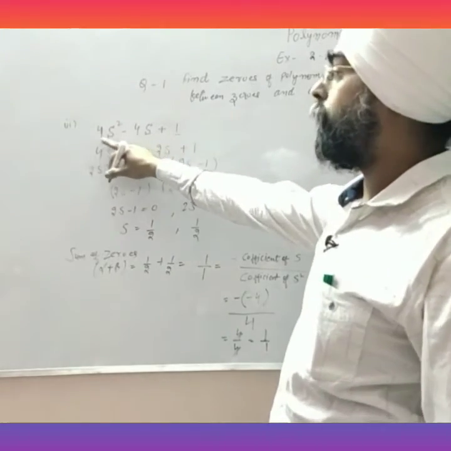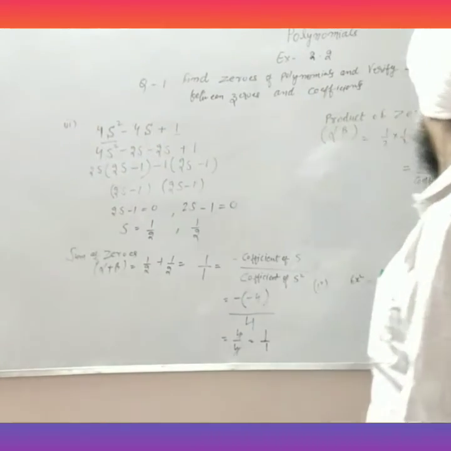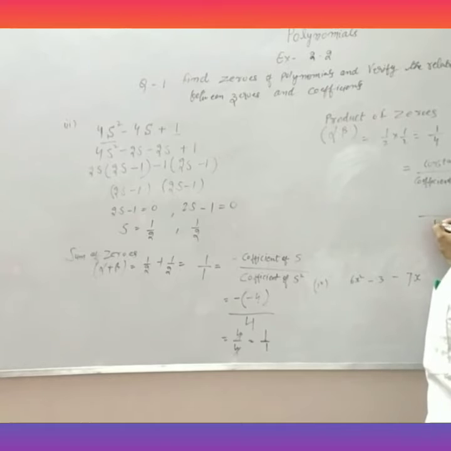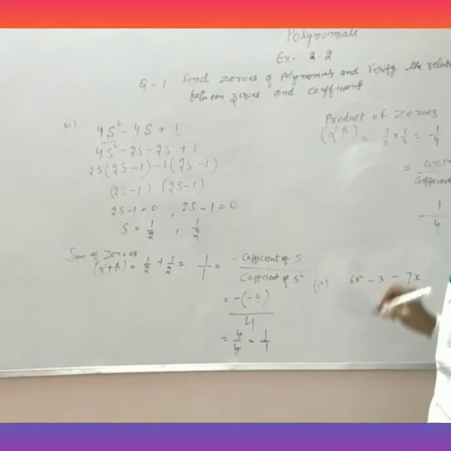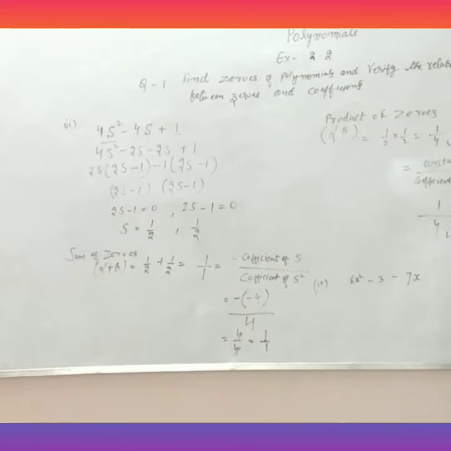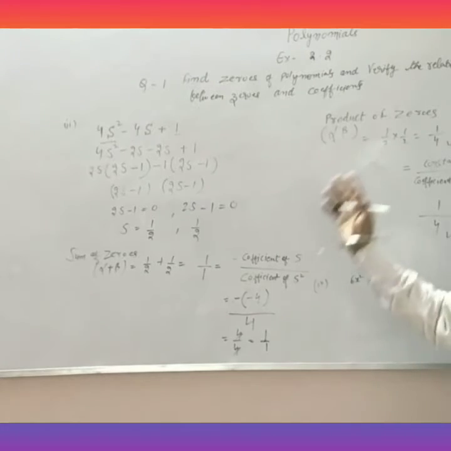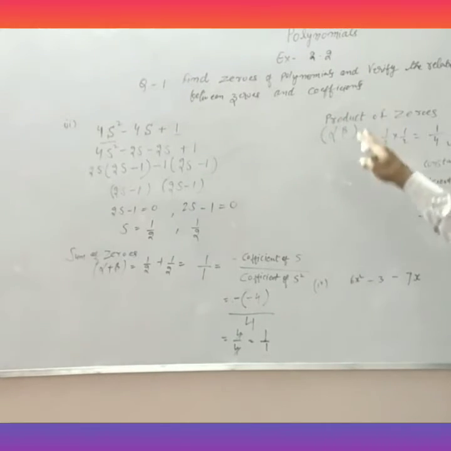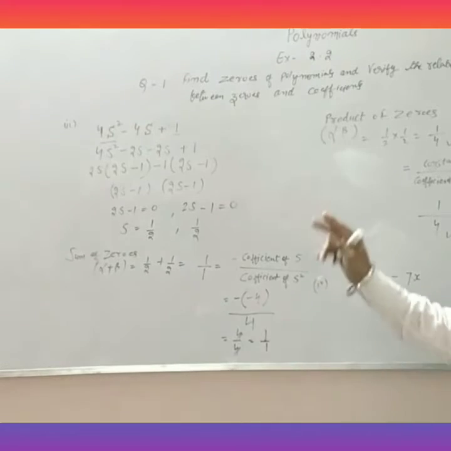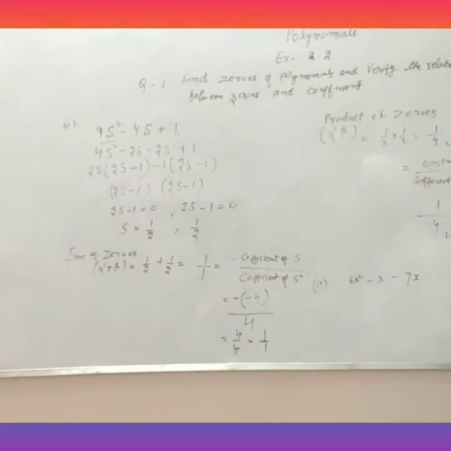Coefficient of s square is 4, upon 4, and the constant term is plus 1. 1 by 4 and 1 by 4 are equal. The relationship between the coefficients and the zeros is established by the product of the zeros. This second question is completed.